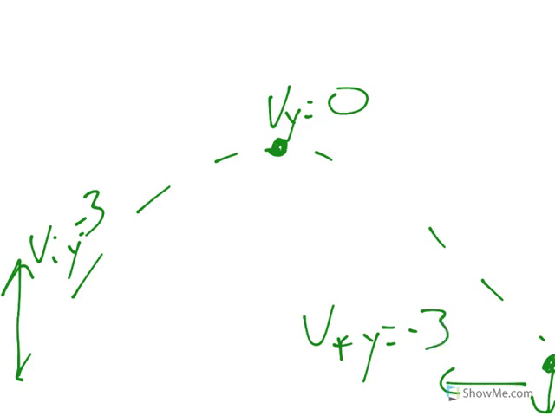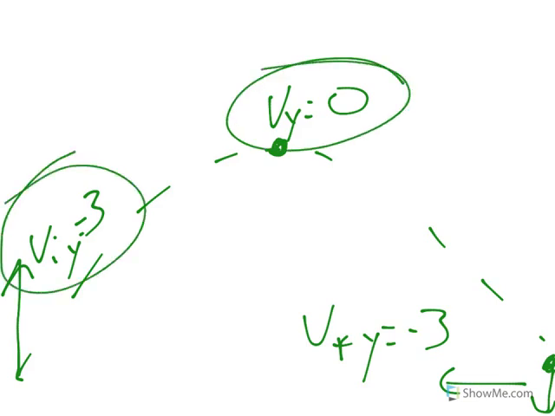But we're going to use 0 as the final velocity in the y and 3 as the initial velocity in the y because it gives us an easy way to calculate time.